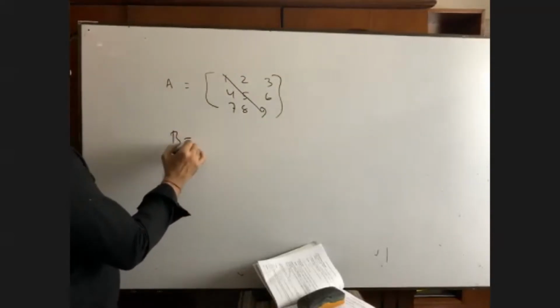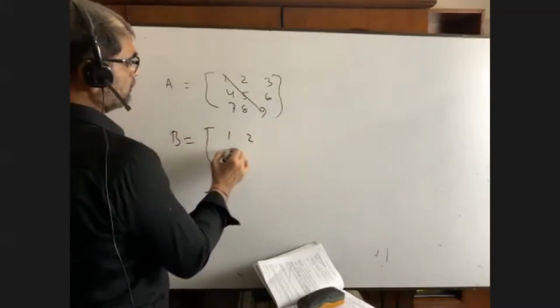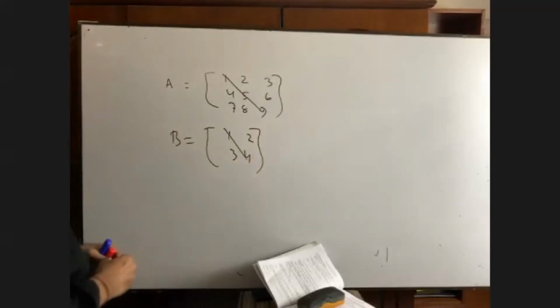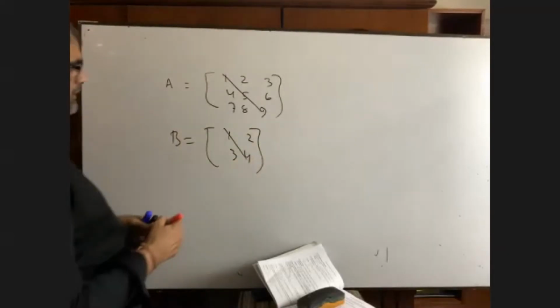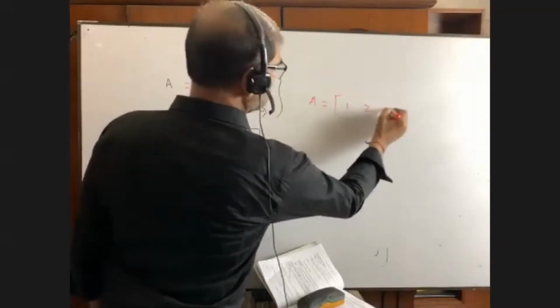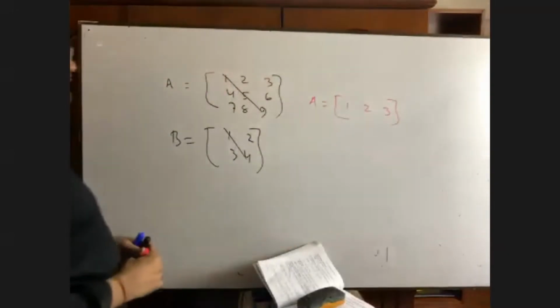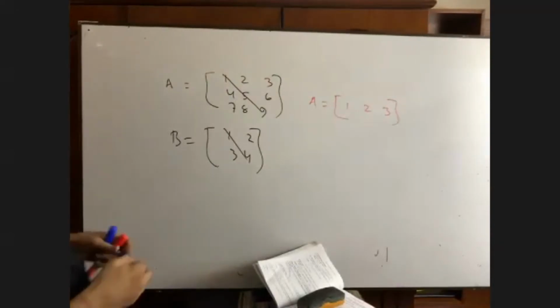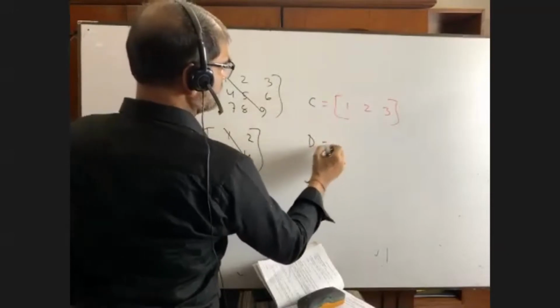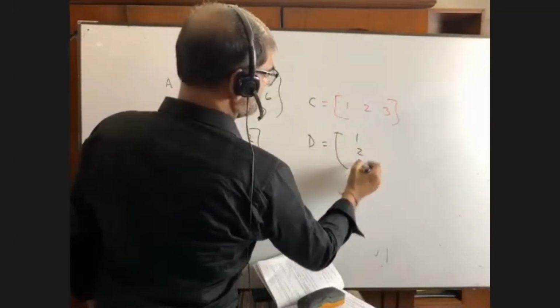I am going to write down this B. 1, 2, 3, 4. Here the principal diagonal is this. Am I right? Yes, sir. But is there any principal diagonal here? No, sir. Suppose it is C. It is D. Is there any principal diagonal here?